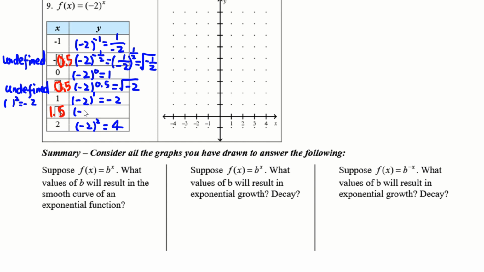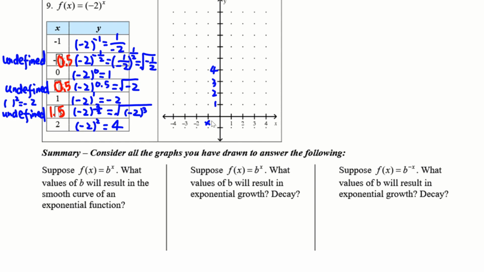1.5 is negative 2 to the exponent 3 over 2. So it will be the square root of negative 2 cubed. Again, it's the square root of a negative number, so it's undefined again. Then if we graph it, you will see that the graph is not continuous. For x = -1, we have negative 1 over 2.